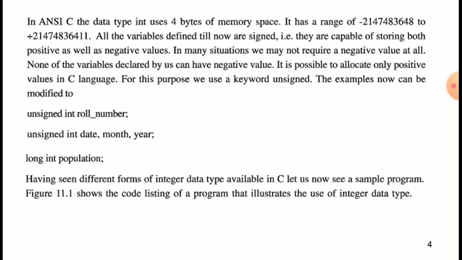In ANSI C, the integer data type uses 4 bytes or 32 bits of memory space. It has a range of -2147483648 to +2147483647. The variables defined with int are signed variables, i.e. they are capable of storing both positive and negative values.